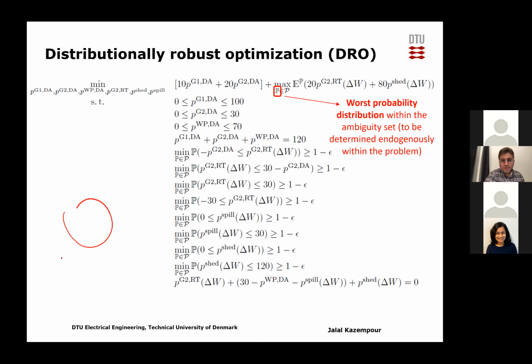If I enlarge it, make it bigger and bigger to put more distributions there, am I going toward robust or toward a stochastic program? Yeah, maybe stochastic, because you constrain more scenarios. No, distributions, our ambiguity. Oh, okay, more distributions.